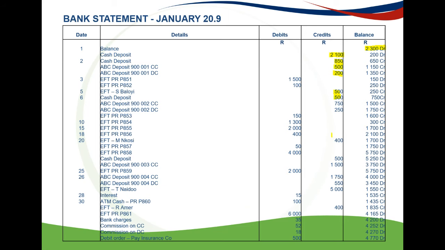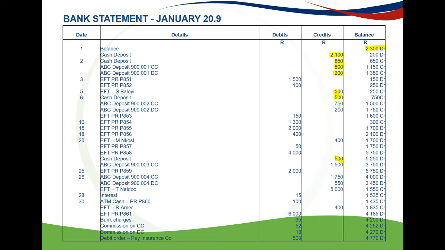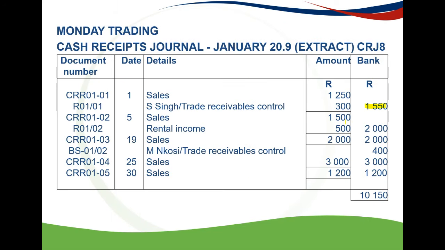And then the 500, sorry. That was the 2000. So it's the 500, 500, 750 plus the 250, sorry. That is our 2000 that we have here. The 1000 plus the 500 gives us the 2000.